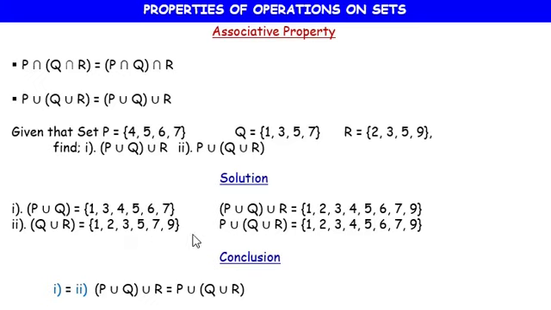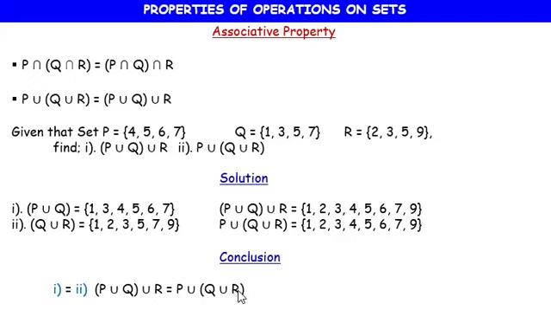So when we do that, we are going to have 1, 2, 3, 4, 5, 6, 7, and 9. Now, what is the observation you are making here? You realize that I is equal to II, meaning that P union Q in one bracket union R is equal to P union into bracket Q union R.